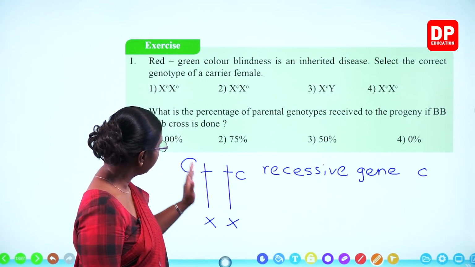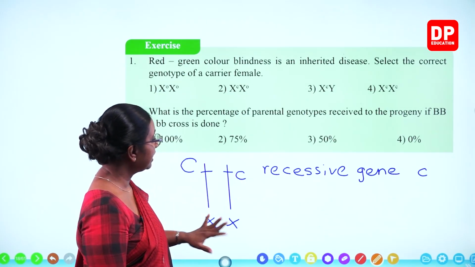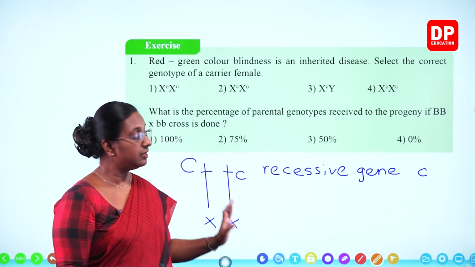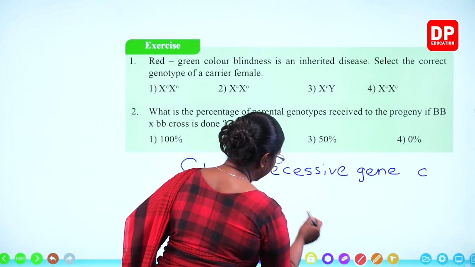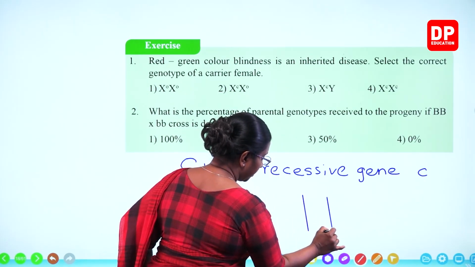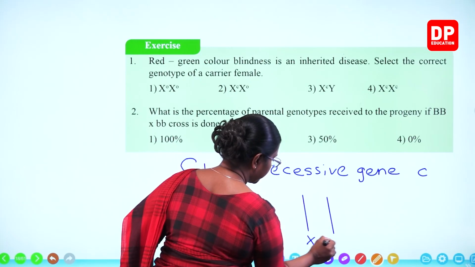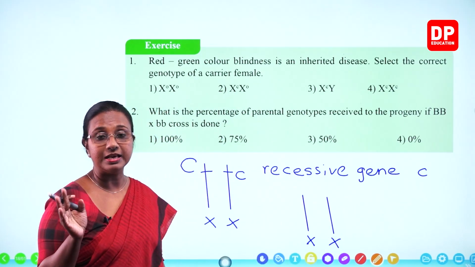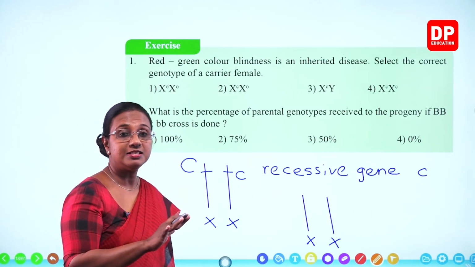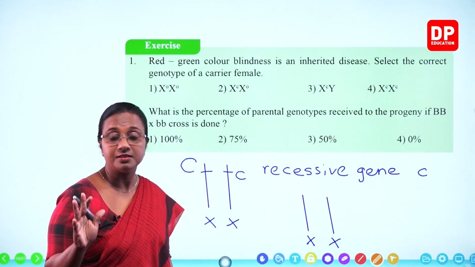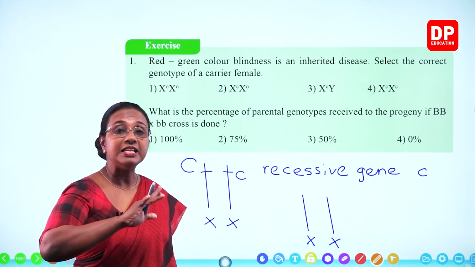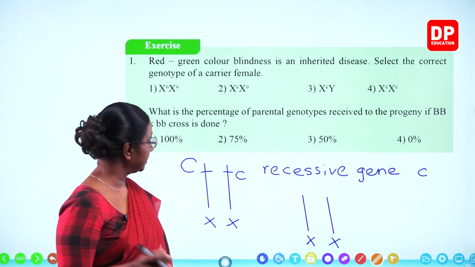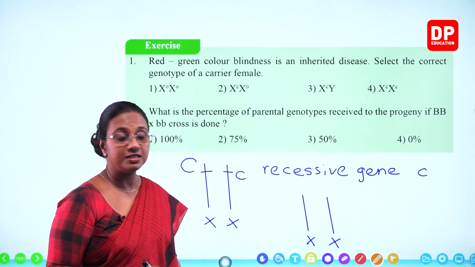Instead of having capital C, simple c as the carrier, we can also show it this way. If these are the X chromosomes, we need to have a simple c to be a carrier, but the other gene, if it is not simple c, then it is a heterozygous condition.